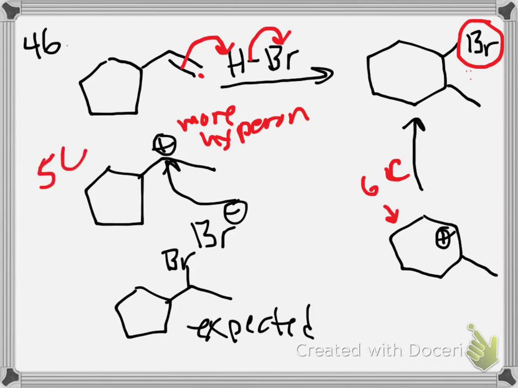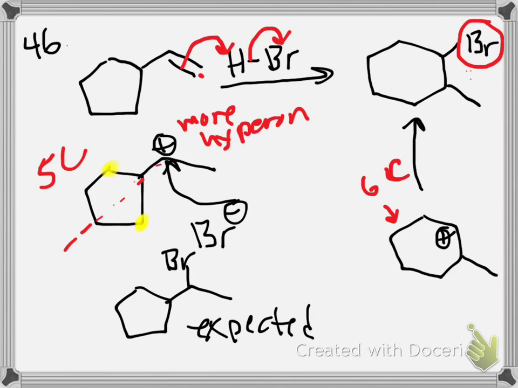So what has to happen is that you have to do an alkyl shift. The only things that can shift are carbons that are adjacent to the carbocation. So this carbon can shift, or that carbon could shift. This thing is symmetrical, though, so it doesn't matter which one shifts.